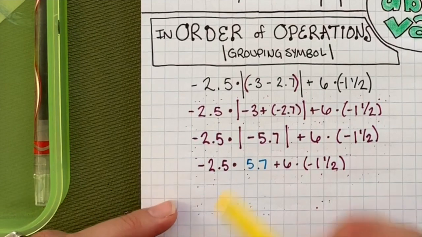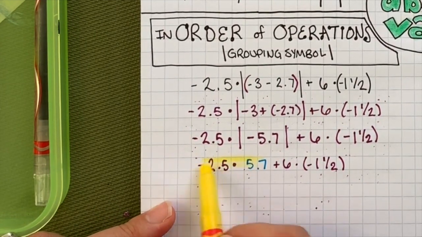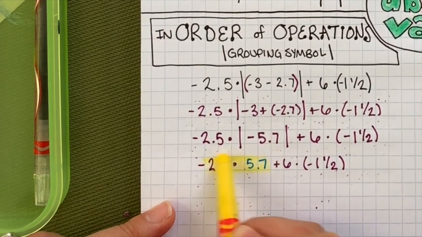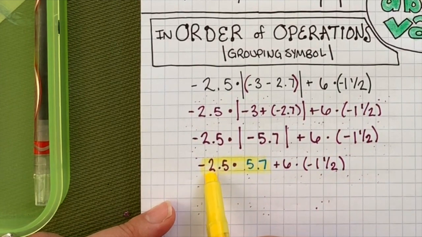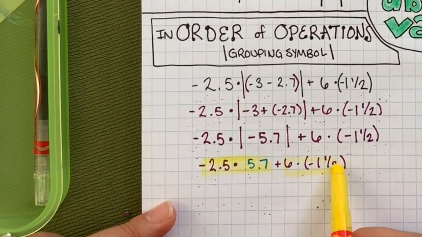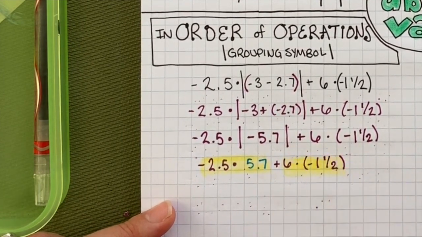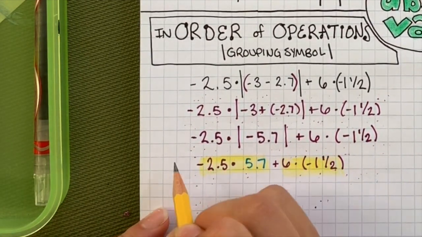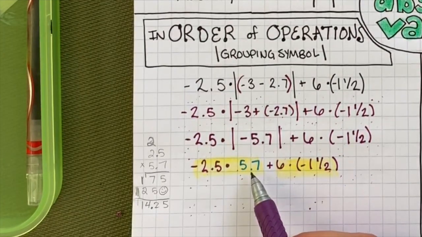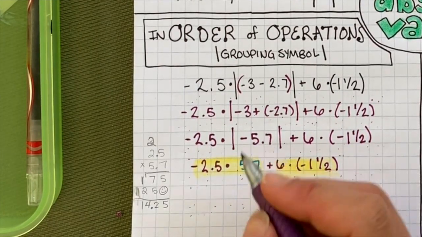Now we need to find two products. In order of operations, multiplication comes before addition. So we'll find the product of -2.5 and 5 7/10, as well as the product of 6 and -1.5. The product of a negative and a positive rational number is negative.